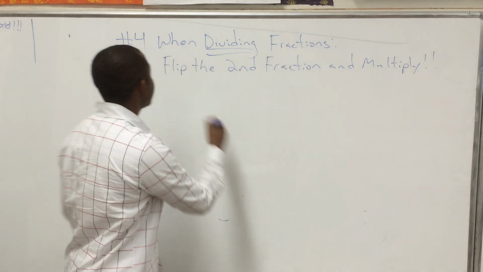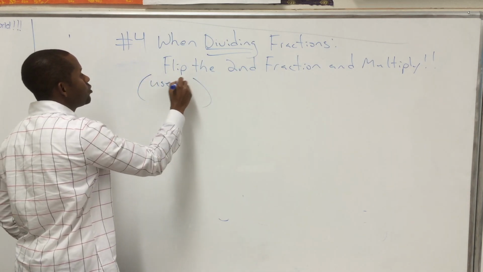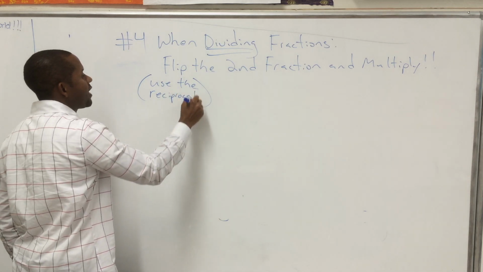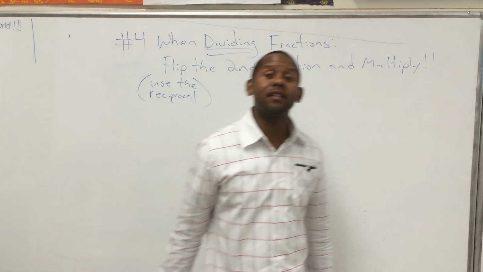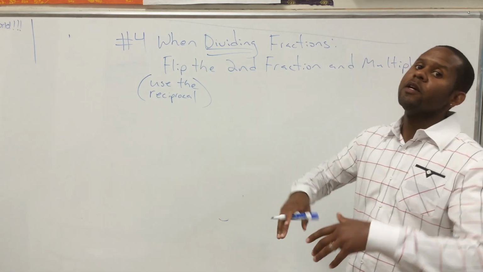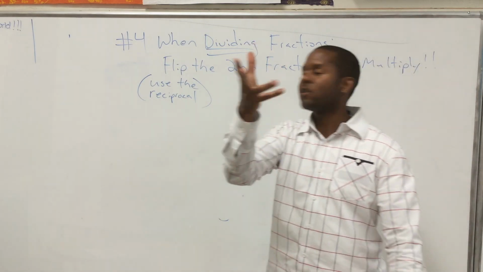Remember, flip, in other words, we'll say in math terms, use the reciprocal. So remember that when you're dividing fractions, you want to make sure that you turn it into a multiplication problem. So division becomes multiplication, the second fraction gets flipped over.